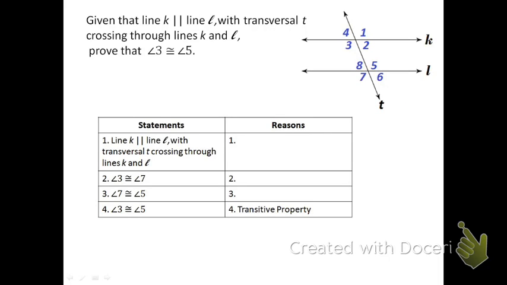Alright, and proof number 2. This says, given that line K is parallel to line L, with transversal T crossing through lines K and L, we want to prove that angle 3 is congruent to angle 5. Now some of you may have identified what theorem we are proving.